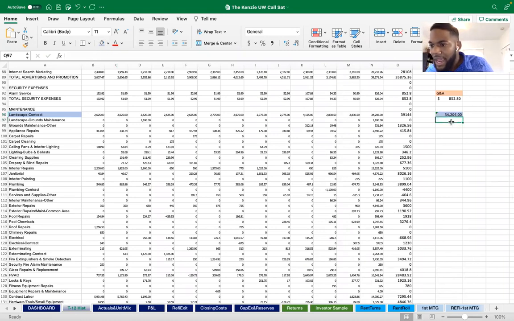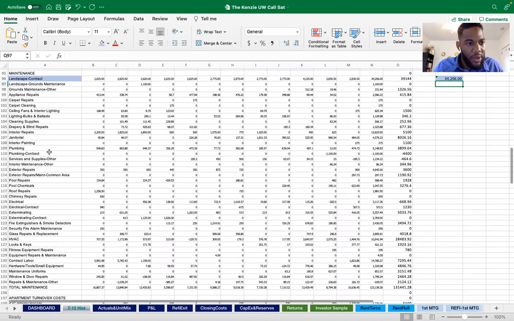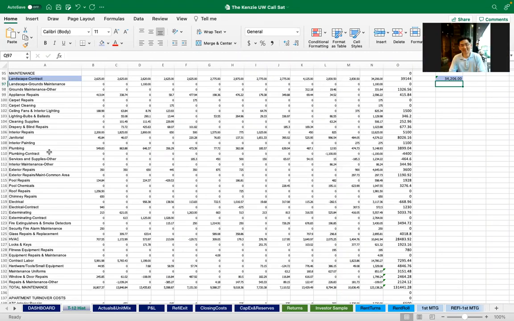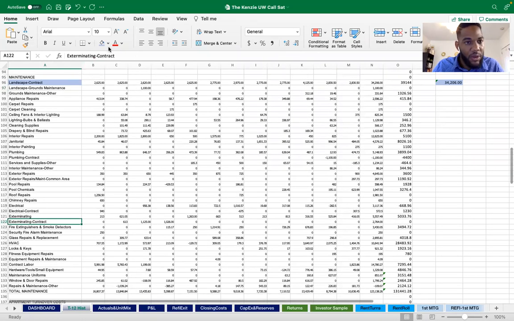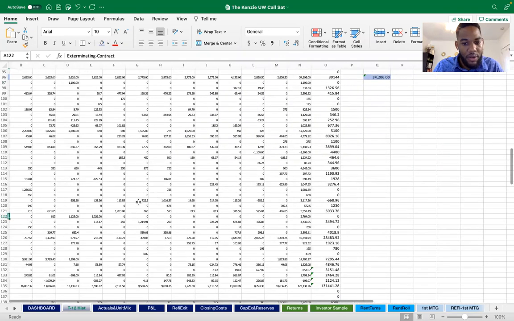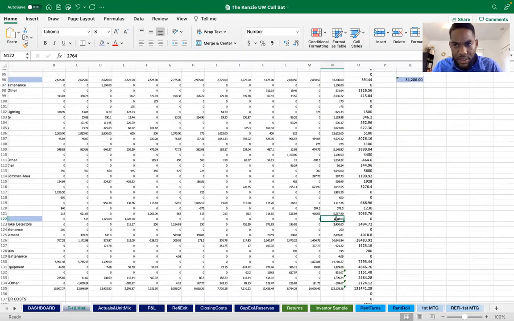Anything else through line items 96 through 134 that you guys would consider a contract service, maybe? 122, pest control. Correct. There we go. So pest control would be a contracted service as well. And so we'll go ahead and highlight that. And that's 2764.